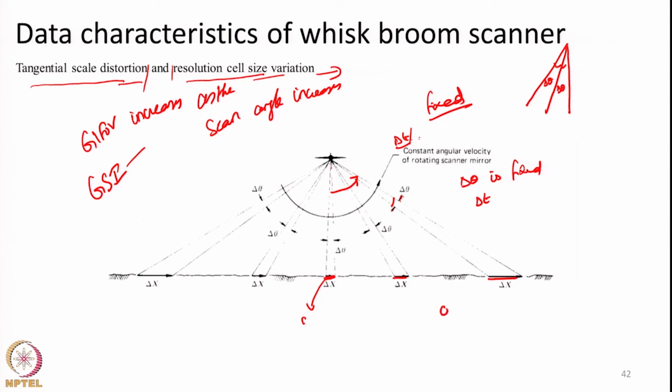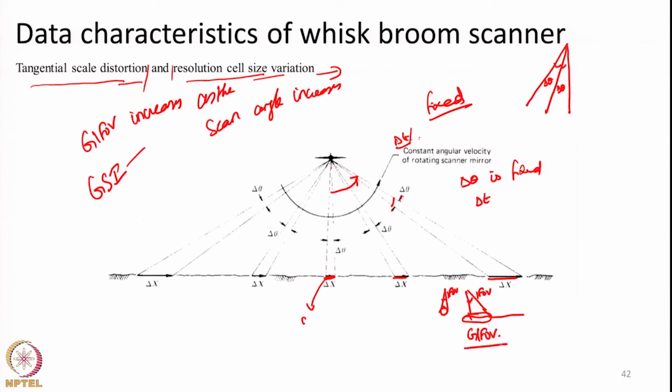A circular GIFOV element as it moves away from nadir, this is the IFOV, okay. IFOV is fixed for a system, but as the scan angle goes away from nadir, the same IFOV angle of the system will have a larger ground area coverage. This is enlargement of GIFOV.